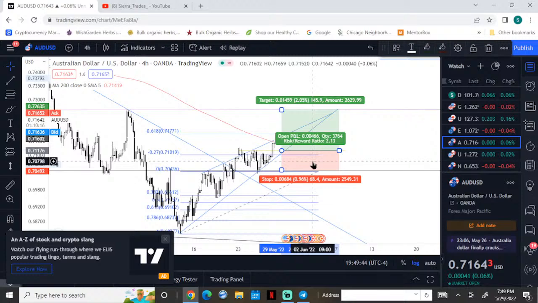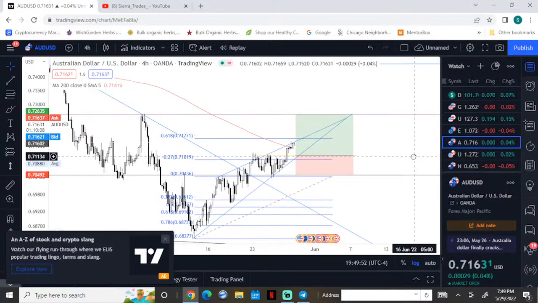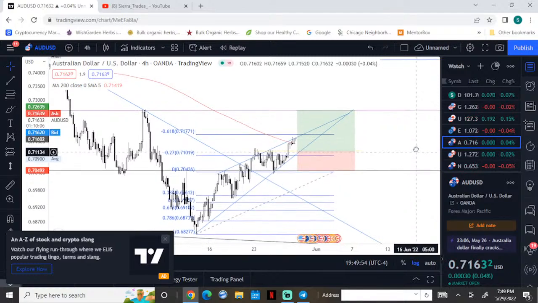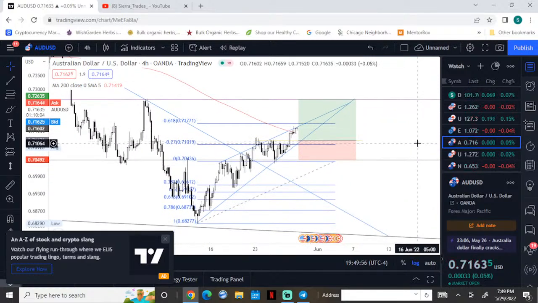That's a nice 1 to 2. 68 pips, stop loss for 145 pips. Take profits. I want to see that happen.